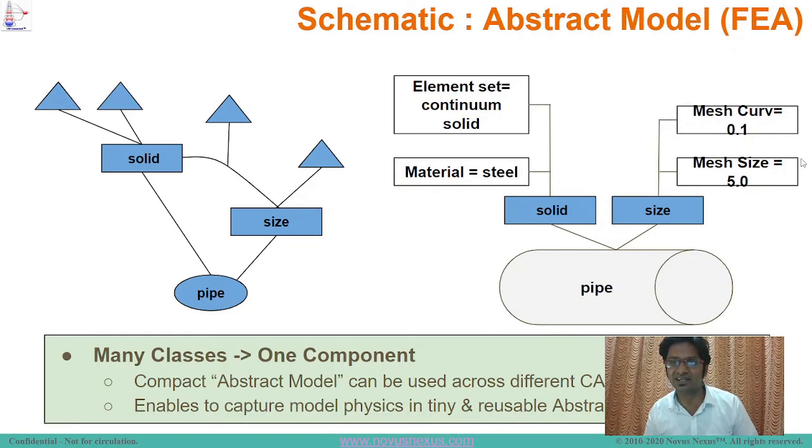Similarly, physics like mesh curvature and mesh size, which you specify on the size class through an attribute, will get transferred onto the component. This way one can assign as many classes as wanted, and that makes the abstract model file usable across different CAD models. It also ensures that it captures the physics in tiny and reusable abstract models.